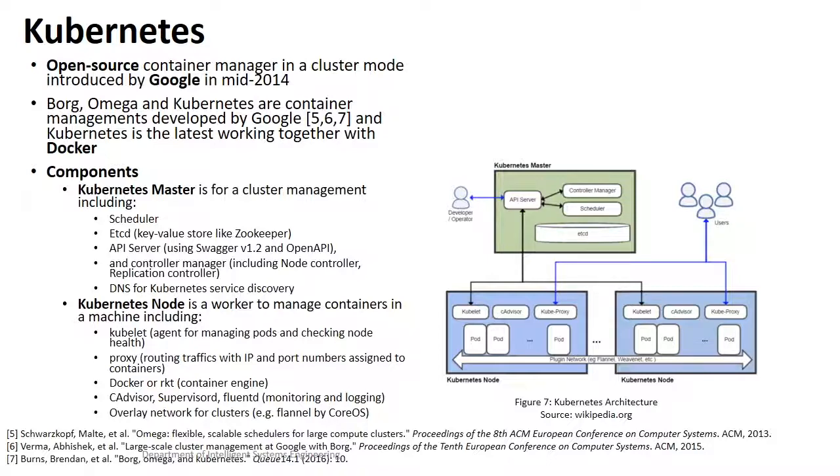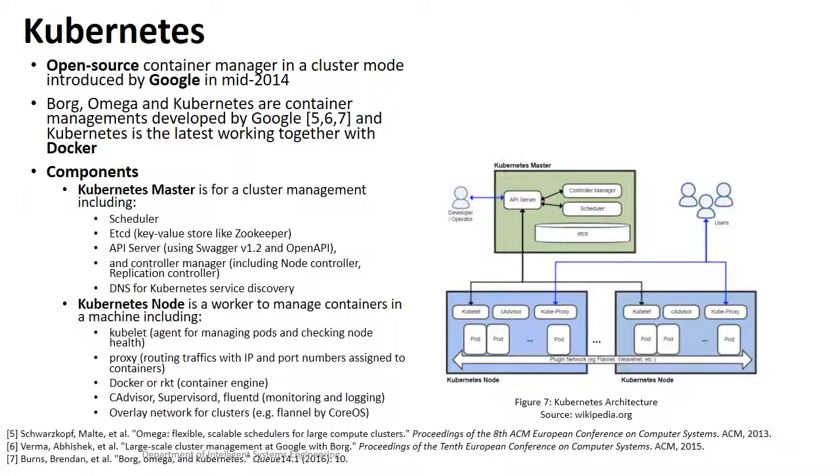We have a proxy, which provides us the ability to route network traffic through IP numbers with appropriate ports specified. We have a Docker engine that actually runs this, and this is our container engine, but it can also naturally be replaced by any arbitrary other engine, such as, for example, Rocket.